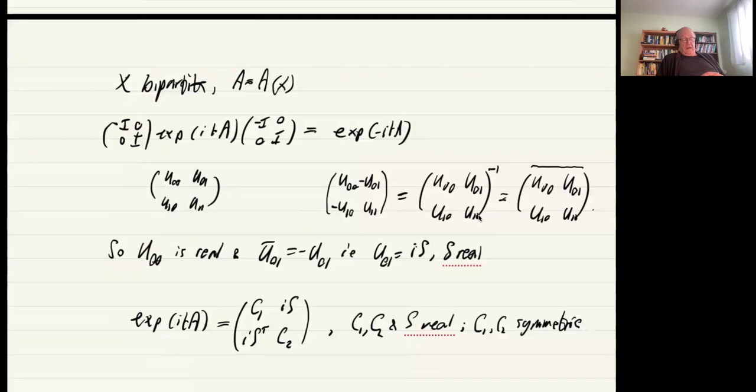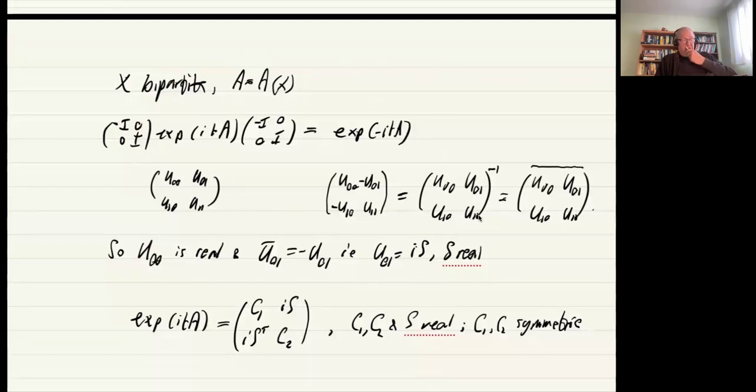Okay, and so if U(t) has this form, so if this is this, then you get this. So if these two things are equal, you're getting U, 0, 0. And so, well, the point is that this is equal to this, which is U inverse. Okay.